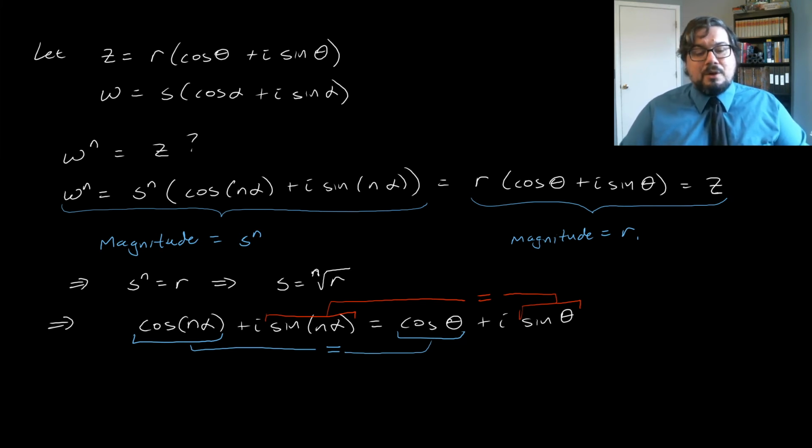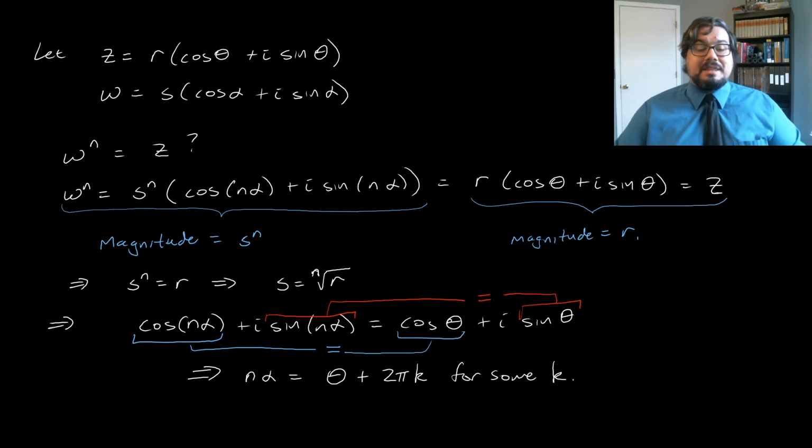So the cosine of n alpha and the cosine of theta being equal tells us that n times alpha has to equal theta plus 2 pi k for some k. In other words, the angles n alpha and theta have to be coterminal with one another, but that's all they need to be.